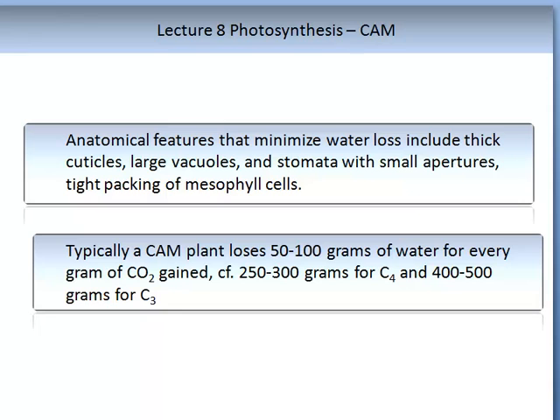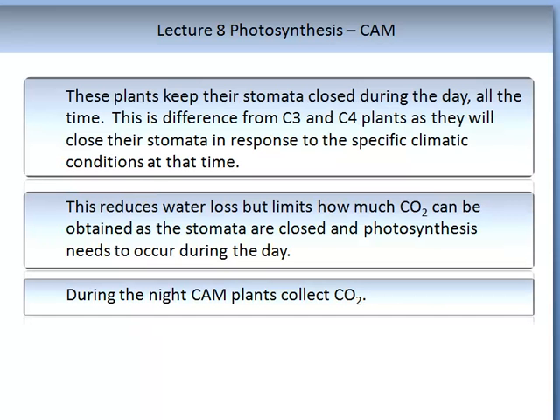For the same amount of fixation in C4 plants, 250 to 300 grams is lost, and this number is even greater in C3 plants at 400 to 500 grams of water. This shows you how efficient CAM plants have become.